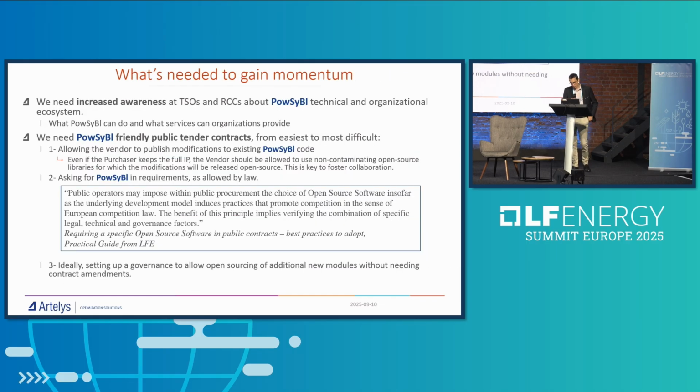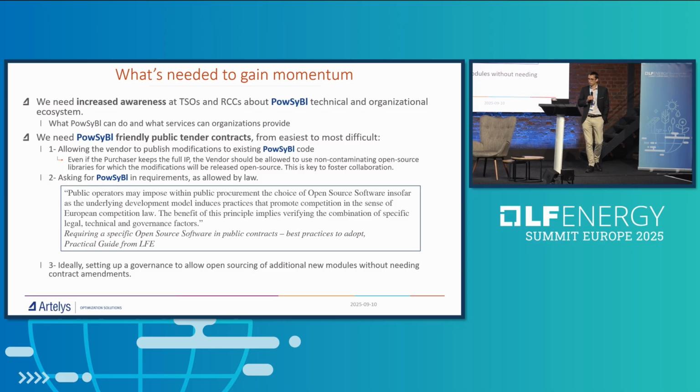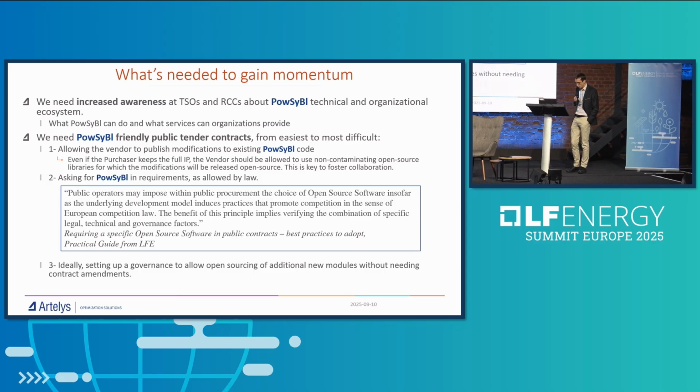So my final slide is about what's needed to gain momentum. We see that it can work, even if we need to strengthen it. But what do we need? There are many TSOs in Europe.